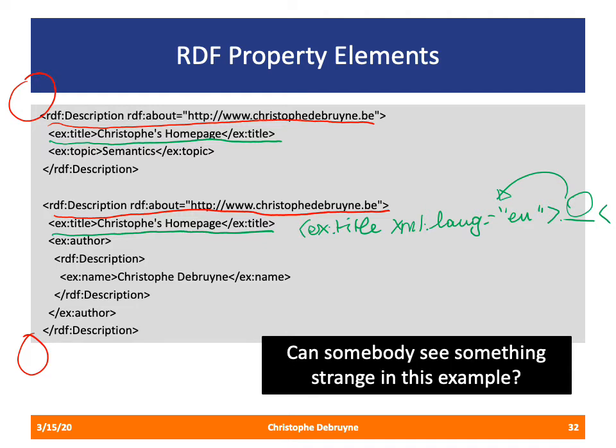The third thing they might notice is that I have a description without a URI. This is a thing without a name, and that we call a blank node. Blank nodes are resources without a URI, and we will cover them later on in this lecture.